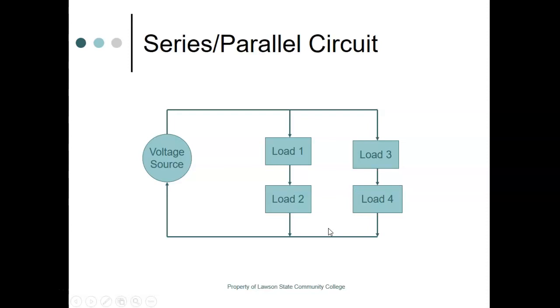The whole point of it is that you're not only breaking down the voltage, but you're breaking down what? You're breaking down your voltage and you're breaking down your current. Does that make sense? That is the whole purpose of series parallel. Break your voltage, break your current.